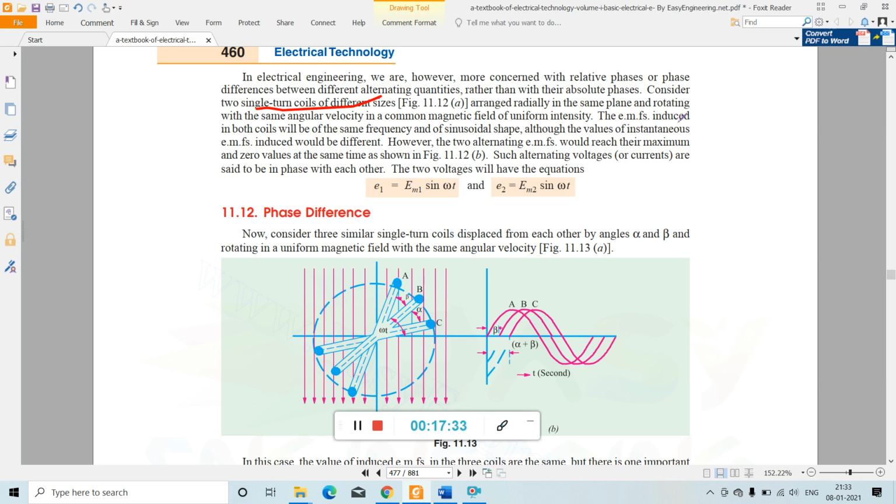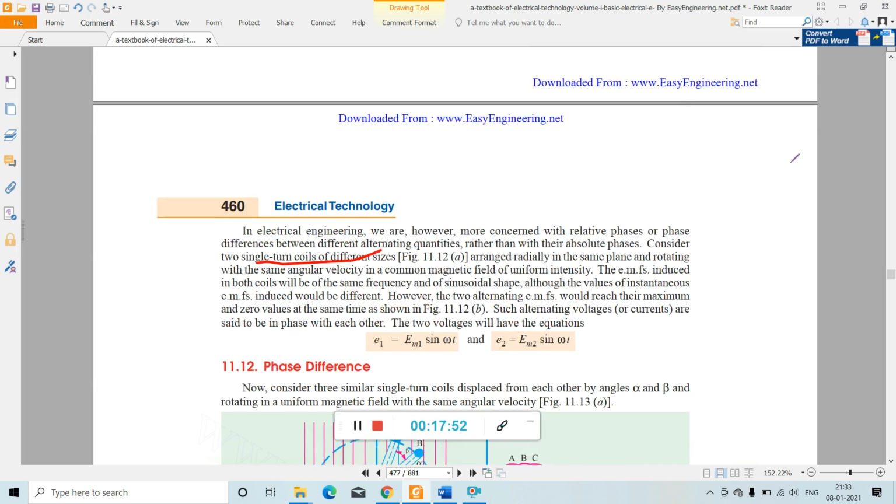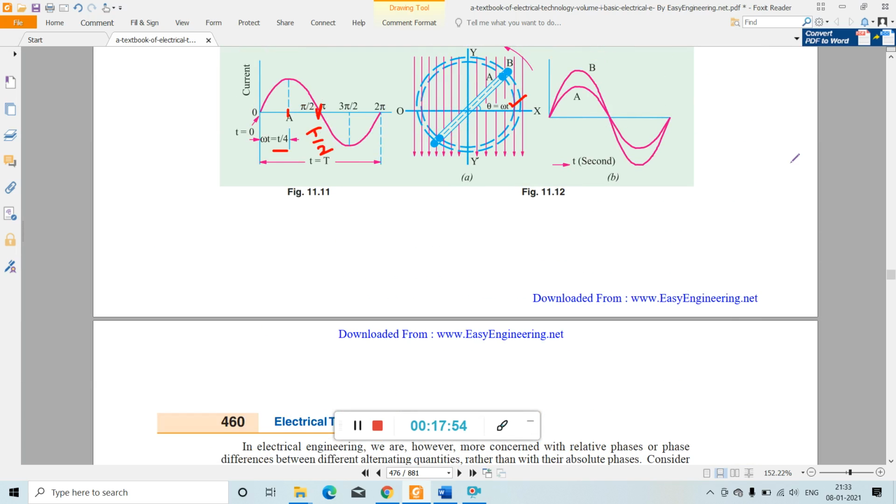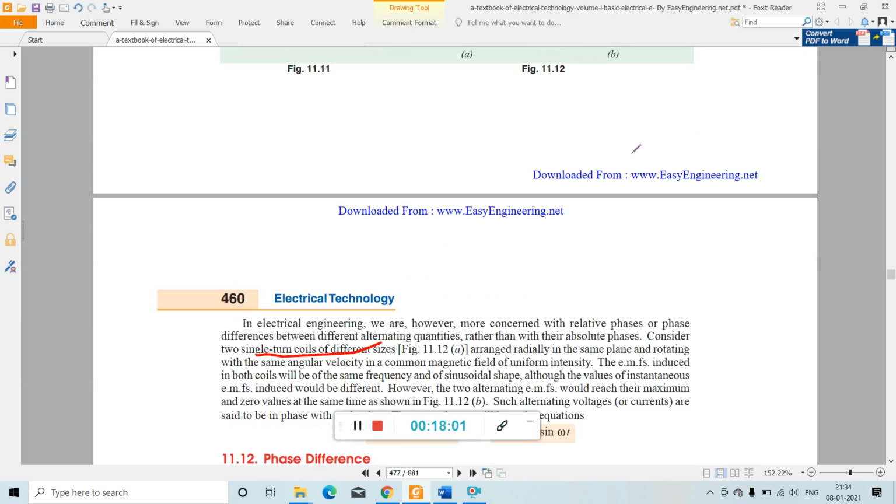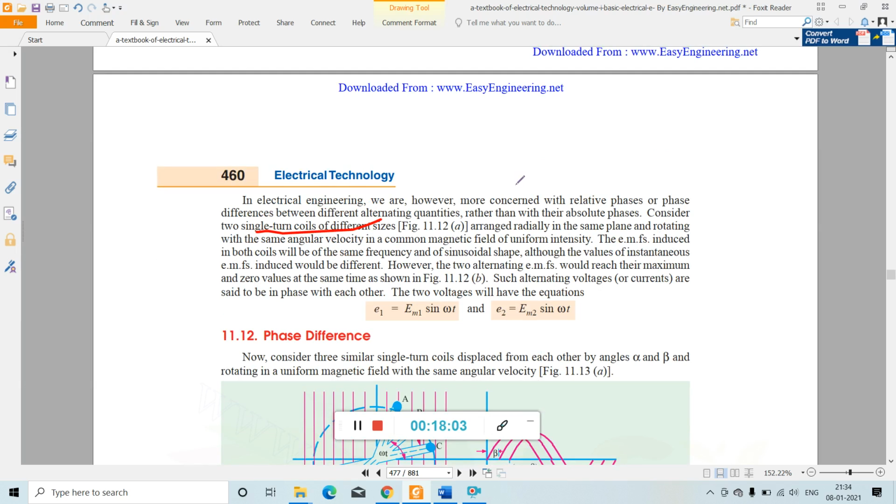The EMF induced in both the coils will be of the same frequency and of sinusoidal shape, although the value of instantaneous EMF induced would be different. However, the two alternating EMFs would reach their maximum and zero value at the same time. This is the alternating voltage waveform of the two different induced EMFs.